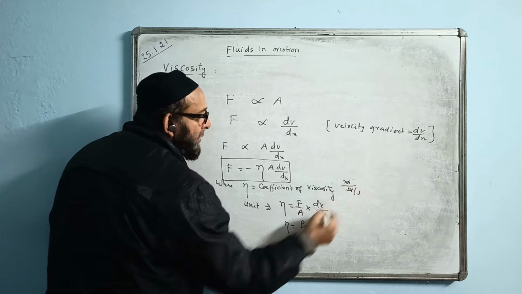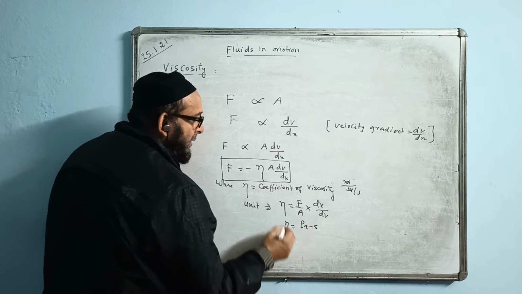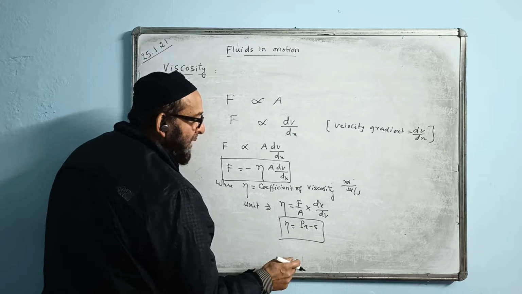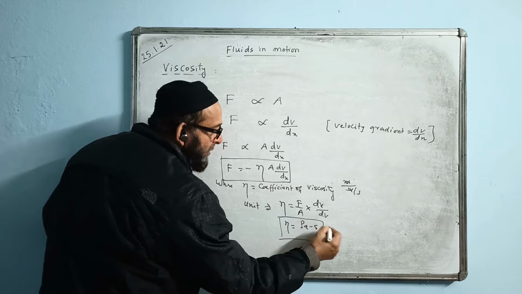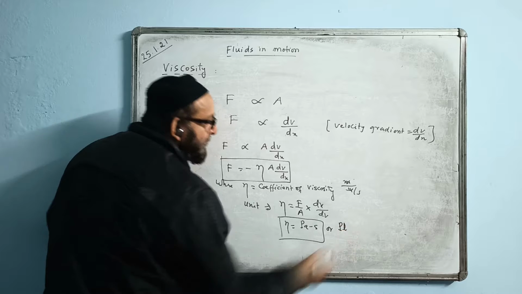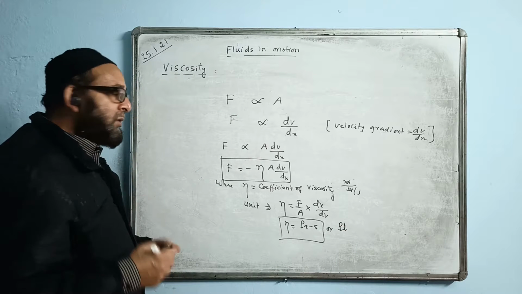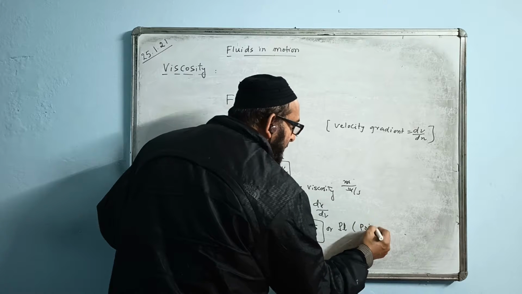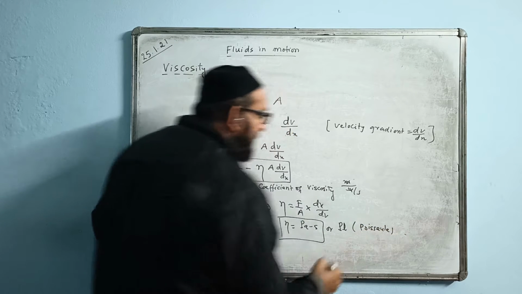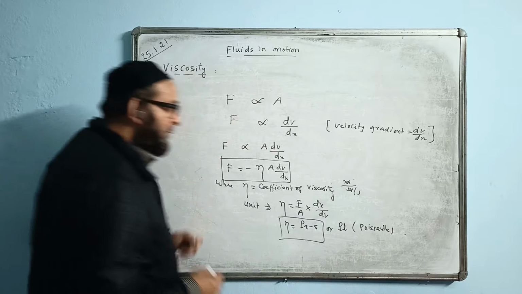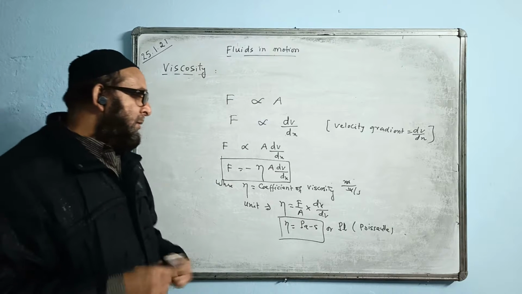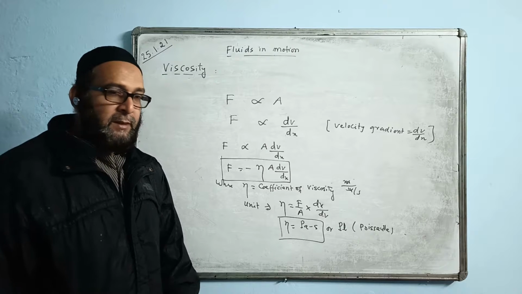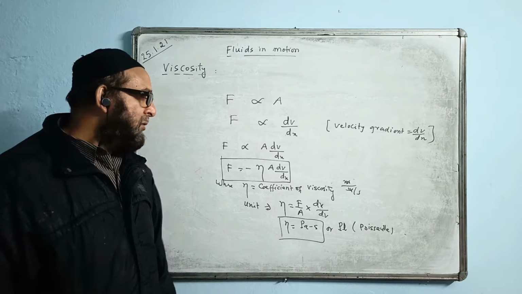So we get Pascal second. The SI unit of eta is Pa·s, Pascal second. It is also known as Poiseuille in short, named after Poiseuille. That is the SI unit of the coefficient of viscosity.